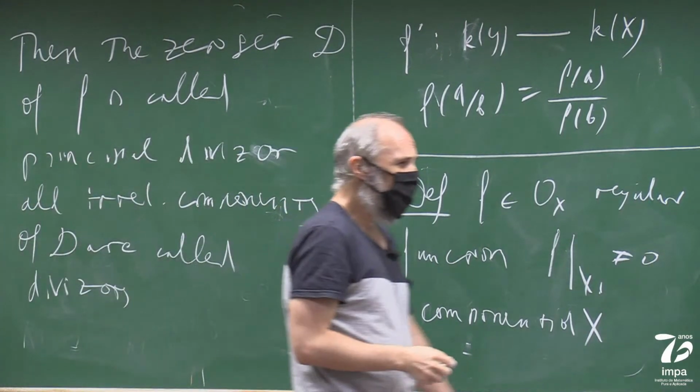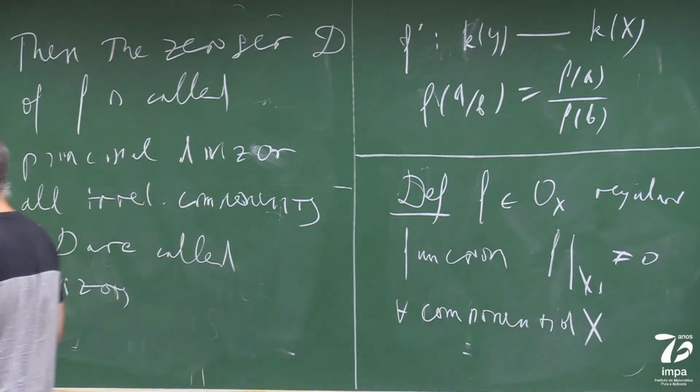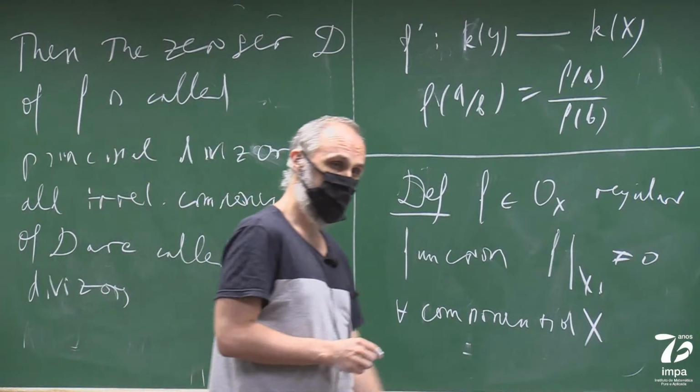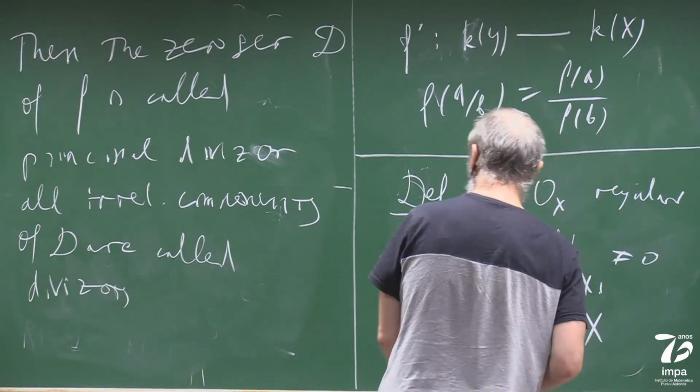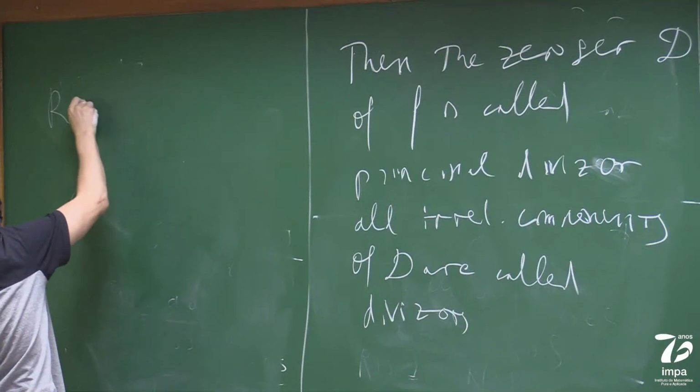Okay. So now, first we can remove a divisor. At least you can remove a principal divisor, which is just the zero set of a function. So remark, the first observation why it's a good notion.